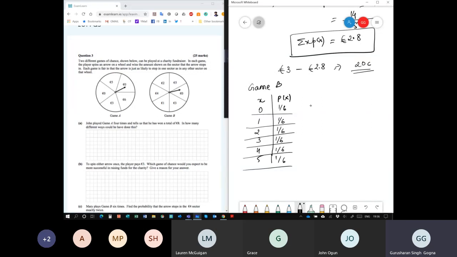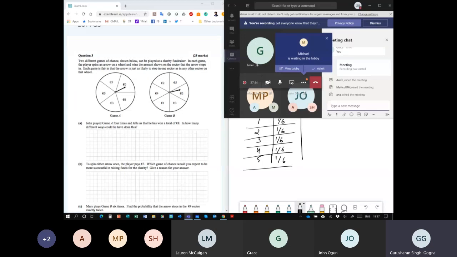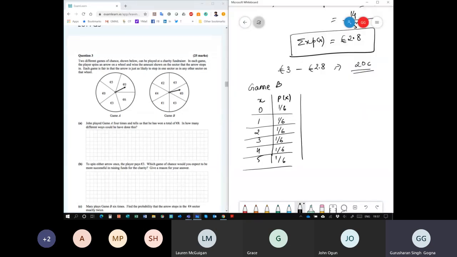And when you multiply, what will you get? x multiplied by P(x). You will get 0 here. You will get 1 over 6, 2 over 6, 3 over 6, 4 over 6, 5 over 6.